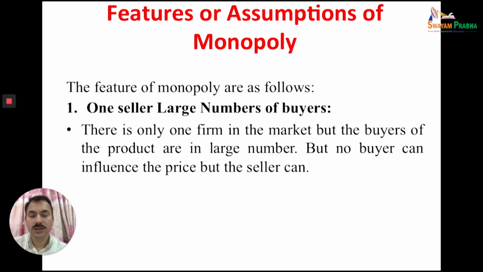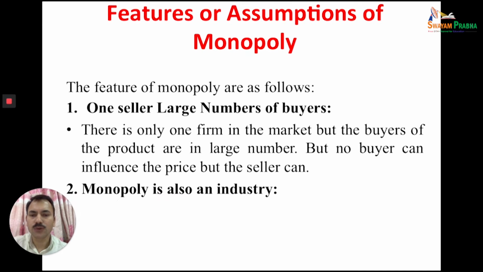But it depends upon the control over the market, the supply over the market. If the producer has that, it is called monopoly power. More monopoly power means he can influence the price more. Less monopoly power means less control over the market and less control over the price.